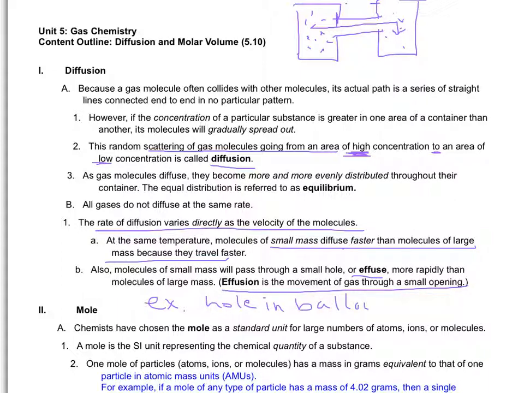If I have a balloon and I've punched a tiny little hole in it and it's tied off there, well, automatically, without being able to stop it, all the gas molecules are going to effuse out that tiny opening, and that's known as effusion.